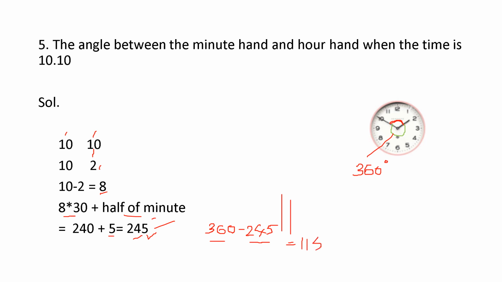This will be there in the options. If 245 is not there, try this way and find the answer. So these are the different methods of clock problems to find the angle between the minute hand and the hour hand. Hope it was clear for you. Thank you.